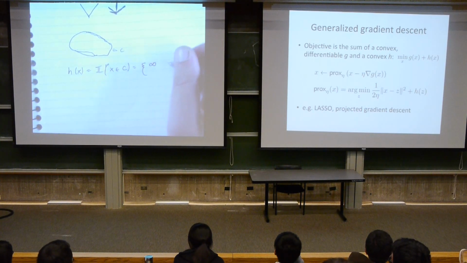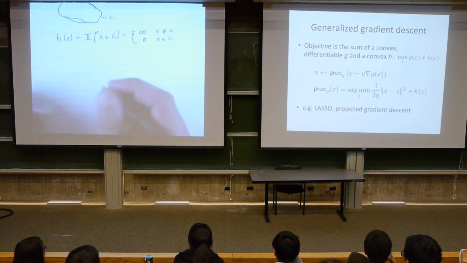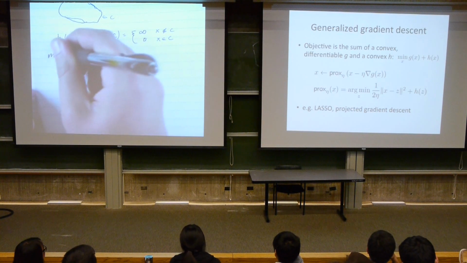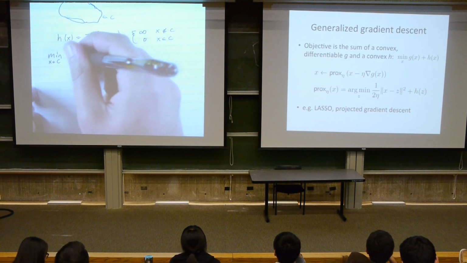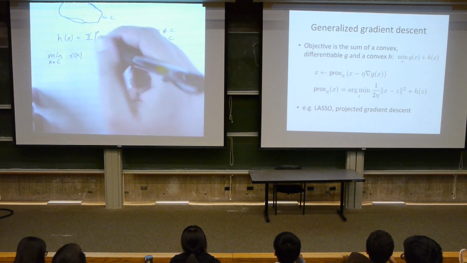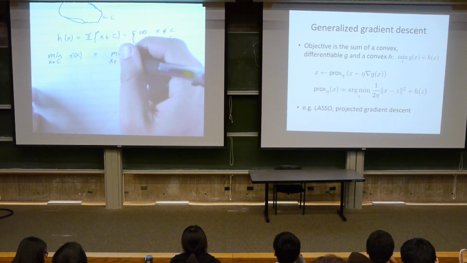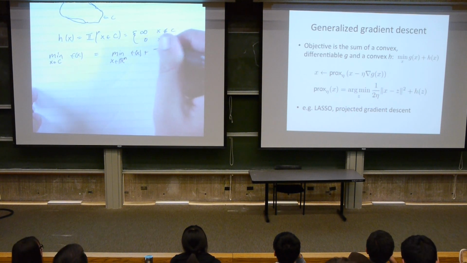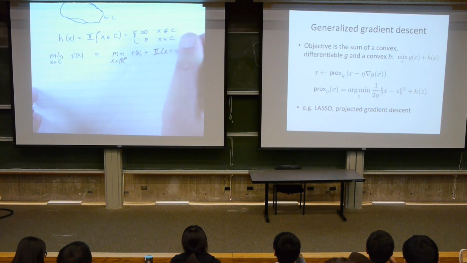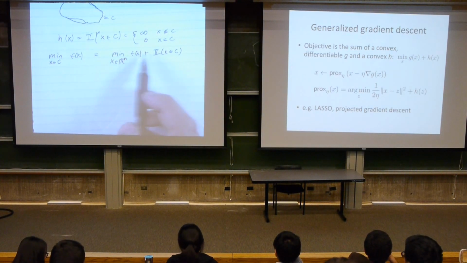So it's a function that takes value infinity if x isn't in C, and 0 if it is. So what we just did was we replaced minimize over x in C f of x with minimize over x in Rn f of x plus an indicator function that x is in C. So if we're not in C, then this thing that we're optimizing will be infinity.